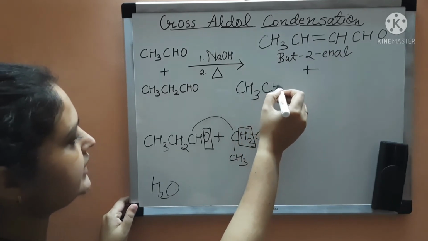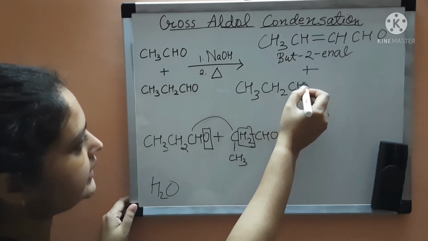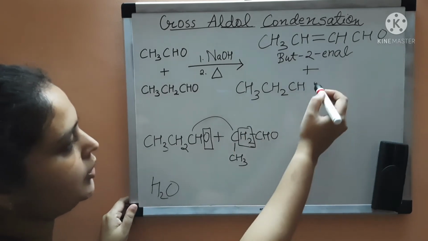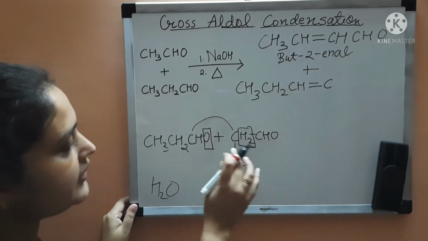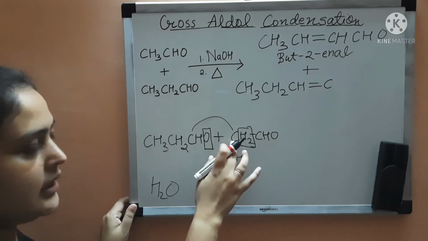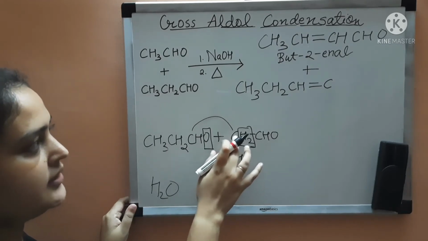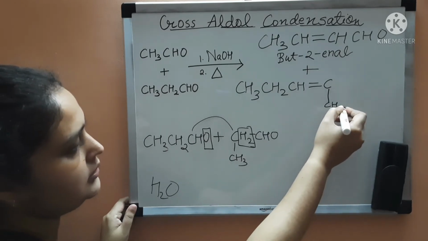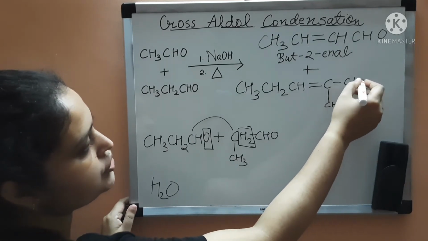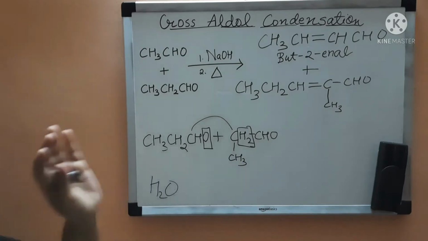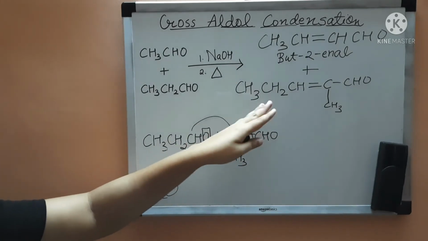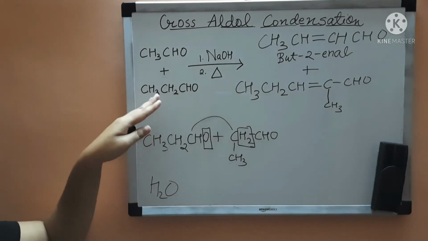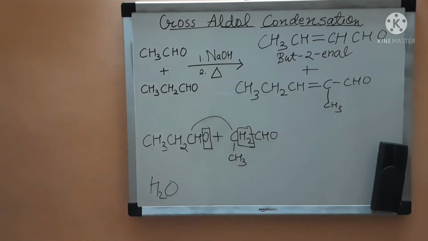So it will be CH3, CH2, CH with a carbon-carbon double bond, and two alpha hydrogens are removed, so there will be no alpha hydrogen atom left on this carbon, and then CH3 here and then CHO. This is the product formed from two propanal molecules.